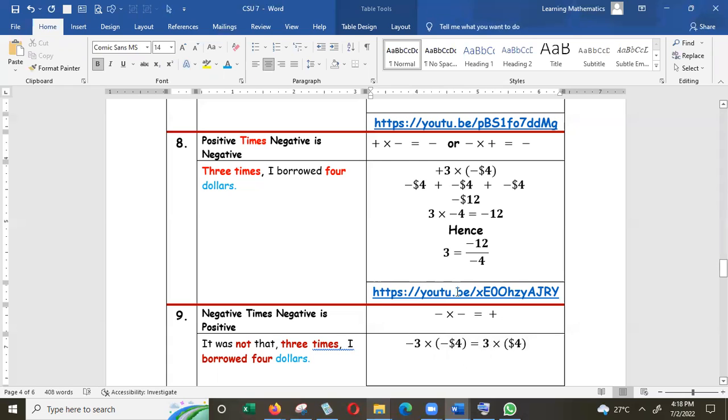That's 3 groups of 4. That's 4. And 4. And 4. 3 groups of 4 is actually 12. Okay.